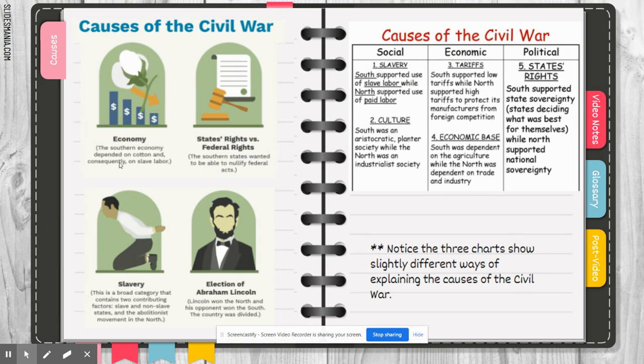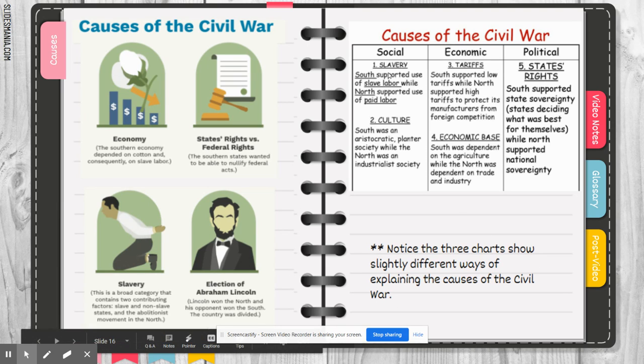When you look at these, here we go: economy, what the two sides base their economies on. States' rights versus federal rights, same thing. Slavery, this really broad category that includes lots of different disagreements. And then this one even adds the election of Abraham Lincoln. So Lincoln gets elected, and that's going to cause problems.